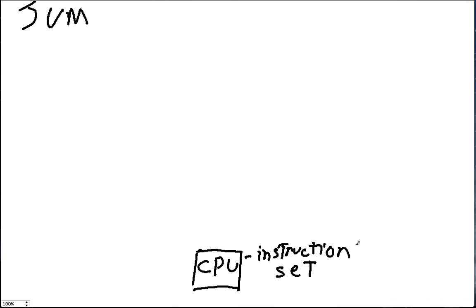In the early computers, people would just write their code using this instruction set. And those we call assembly language programs. So the assembly language is basically almost just like the instruction set.